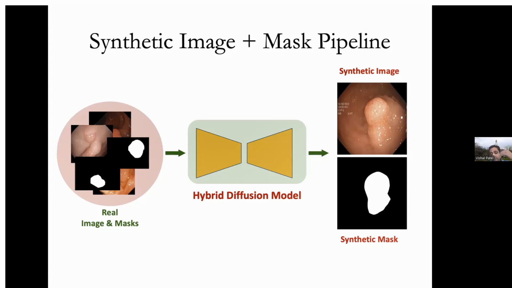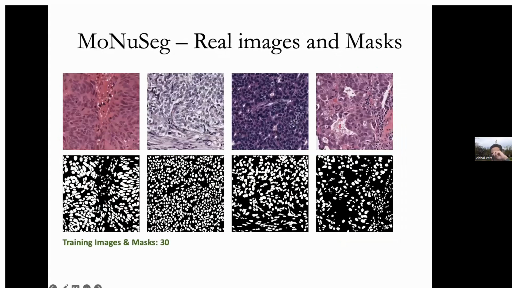So if we can do such a thing, then this can really solve a lot of our problems in medical imaging, especially when it comes to segmentation. So let me just give you some results, and then I'll come back to some of the issues that we were faced with.